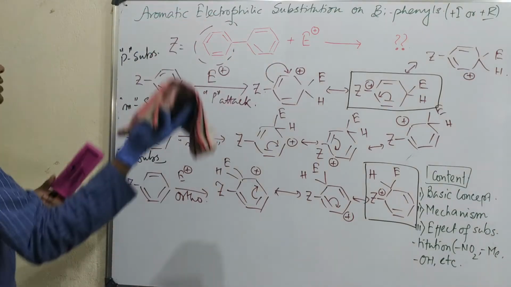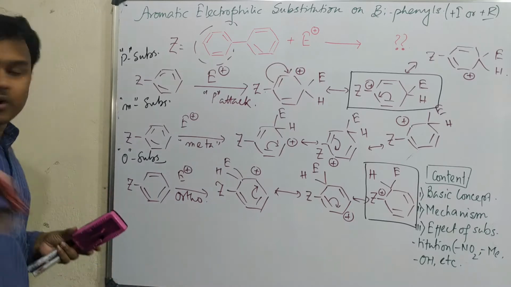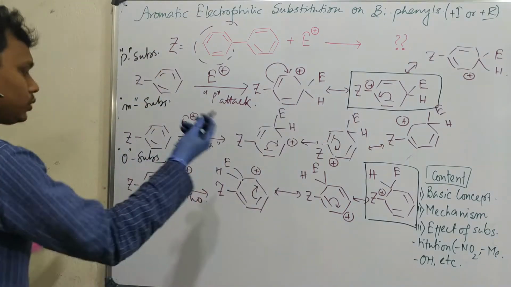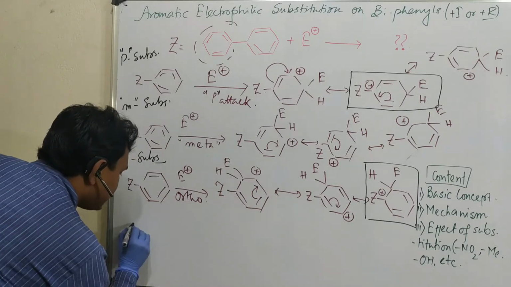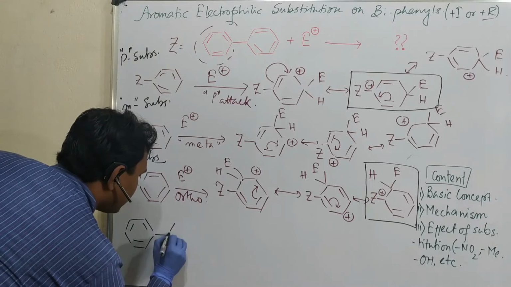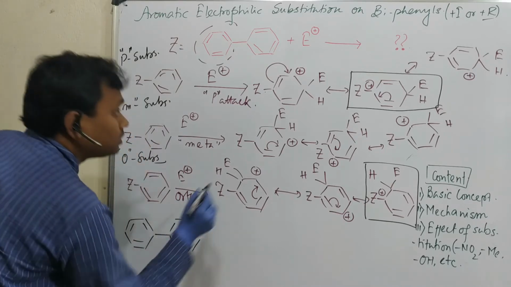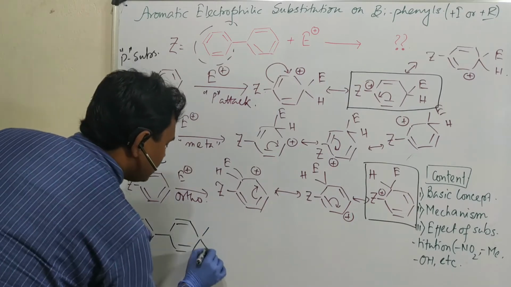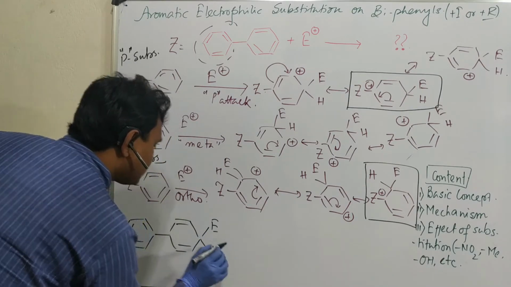We will focus. So let's clean the letter. Before cleaning, I will give you here. Now focus on this. Write the Z thing: Z means a phenyl, and attached to it this electrophile and hydrogen.